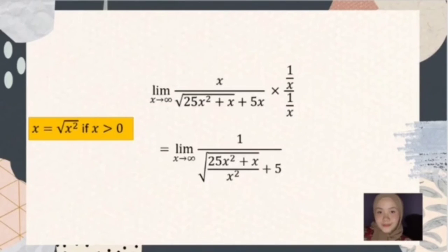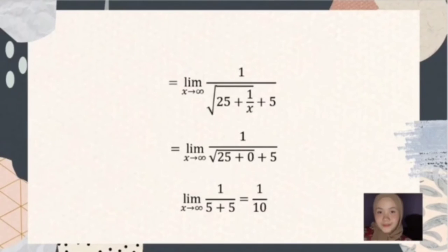So we get 1 over the square root of 25x squared plus x over x squared, plus 5, and we can write the limit as x approaches infinity of 1 over the square root of 25 plus 1 over x, plus 5. As x goes to infinity, 1 over x goes to 0. So the limit equals 1 over 5 plus 5, which equals 1 over 10.